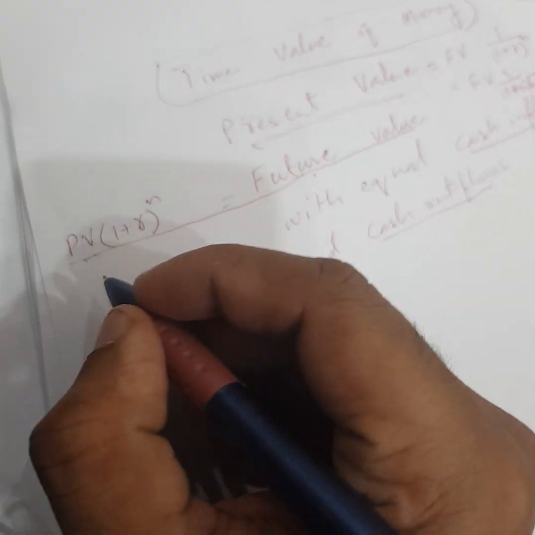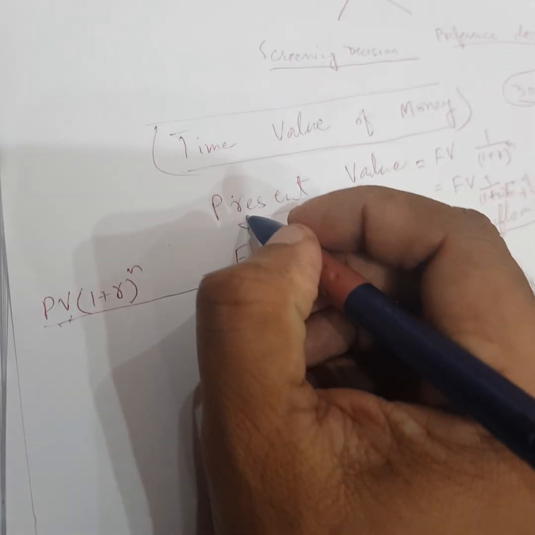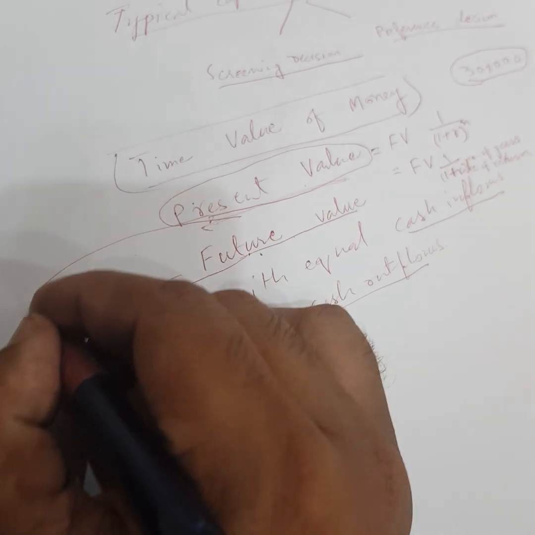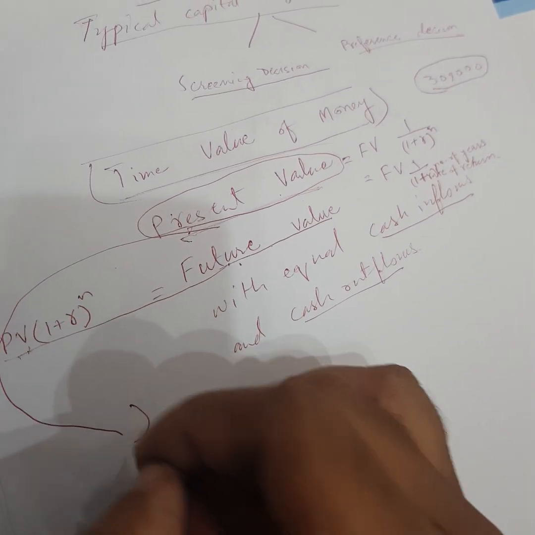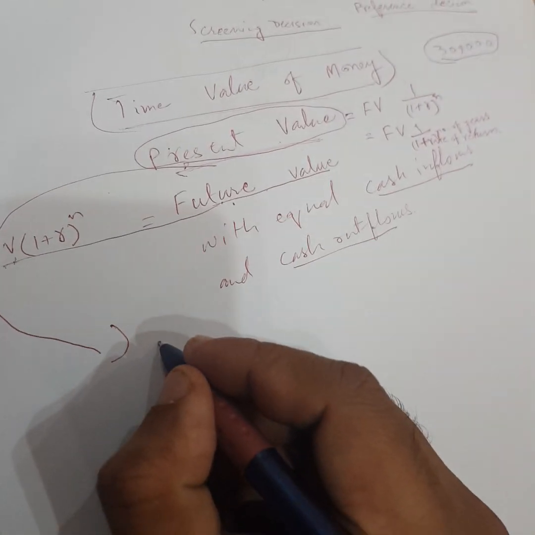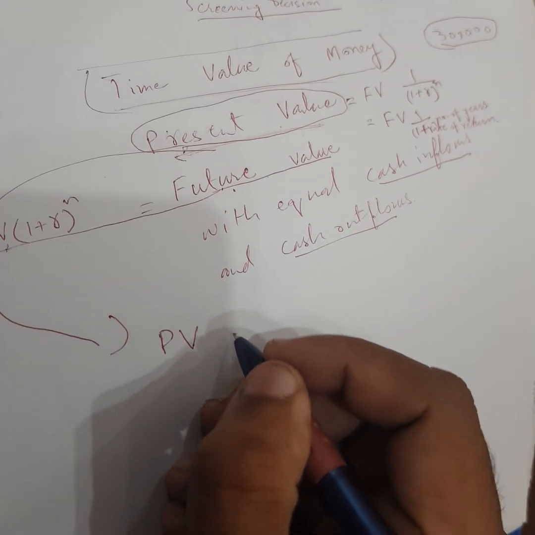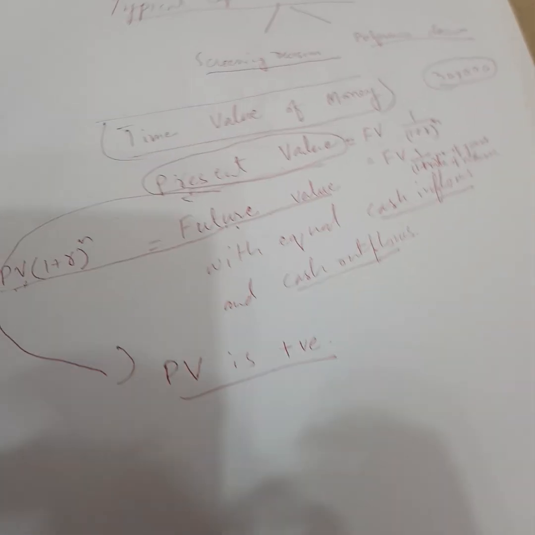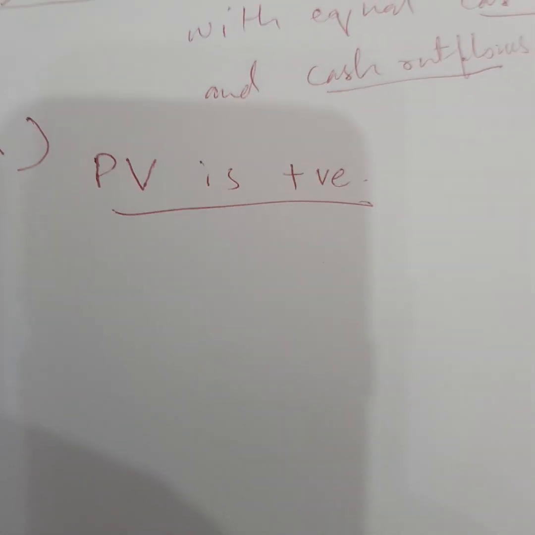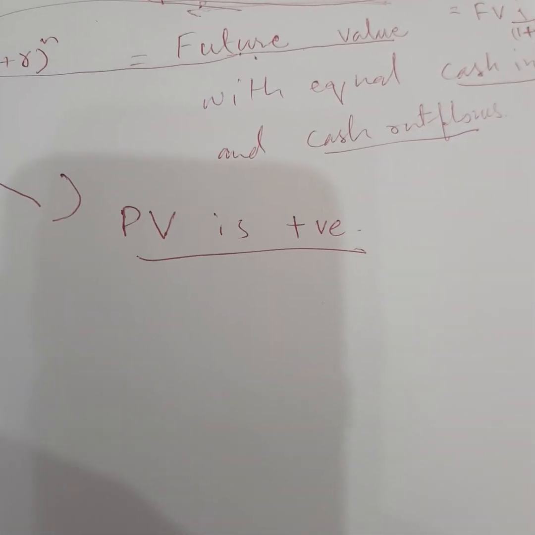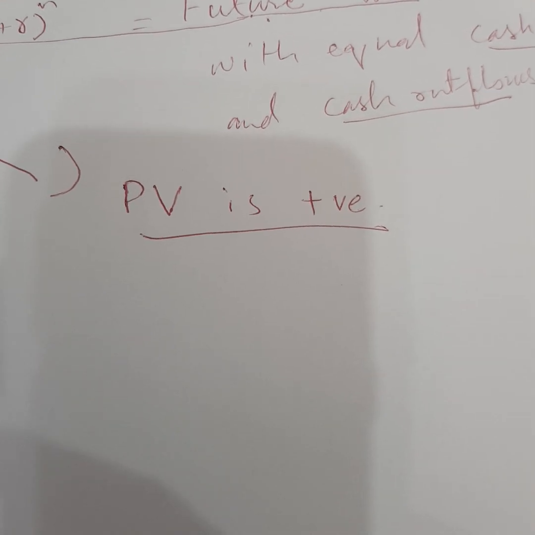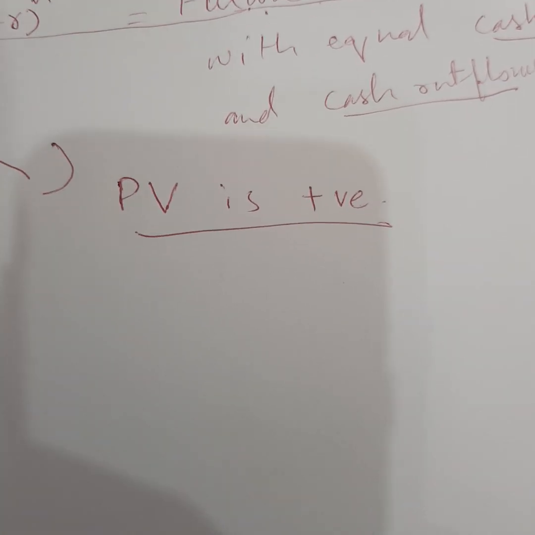Now, there are some consequences with the present value. Listen carefully. If our present value is positive, it shows that the project should be accepted because it promises a return greater than the required rate of return.